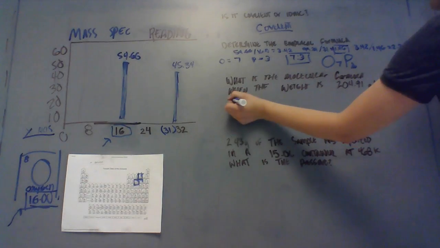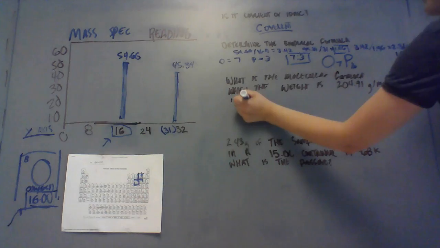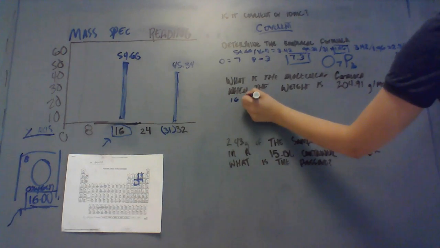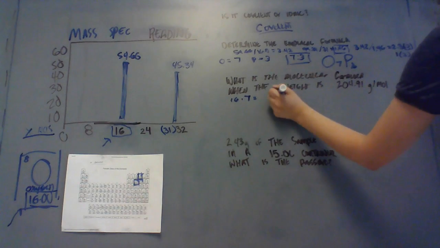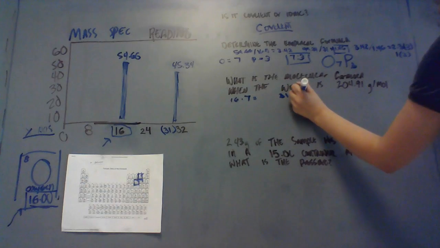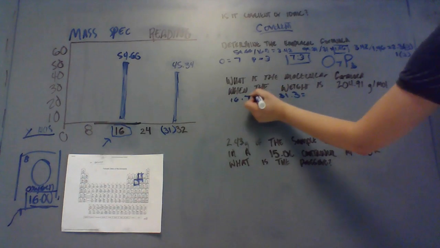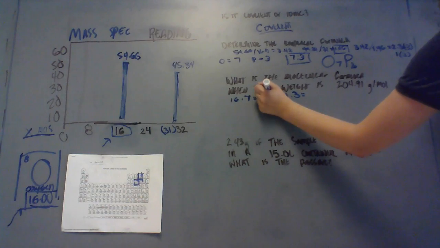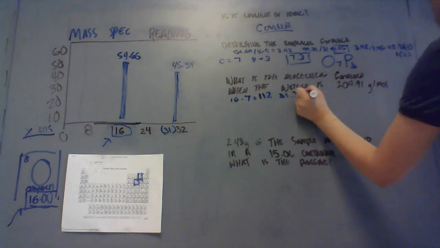This means we need to take the mass number, 16, multiply that by 7, and the mass number of phosphorus, which is 31, times 3. For oxygen, we are going to get 112. For phosphorus, we are going to get 93.